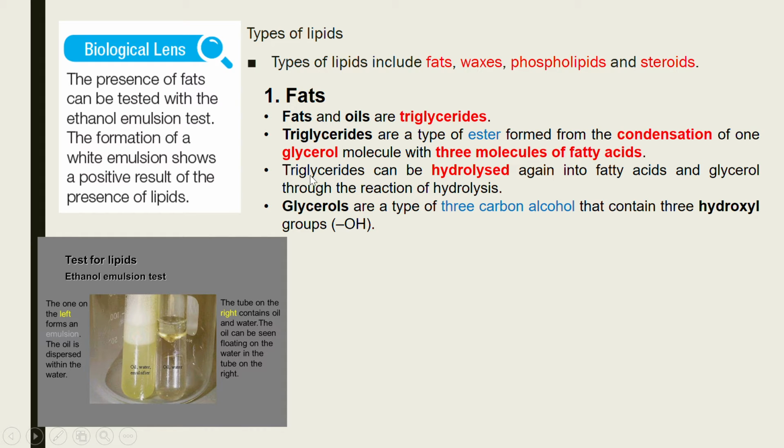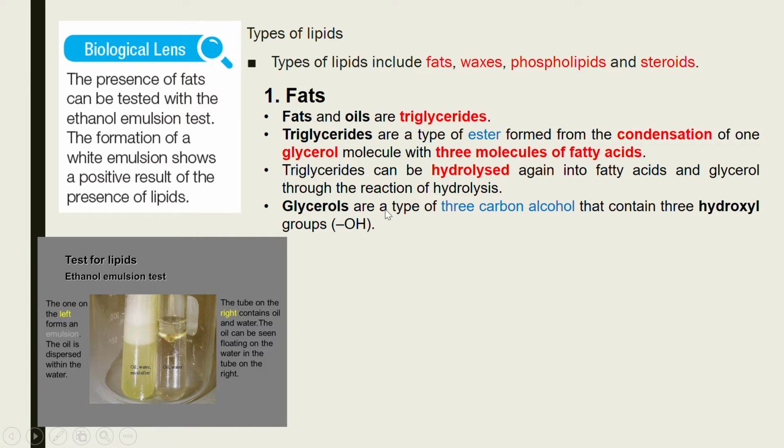These triglycerides can be hydrolyzed again, which means broken down, the term lyse, in the presence of water into its subunits just mentioned: the three molecules of fatty acids and one molecule of glycerol, by means of hydrolysis.